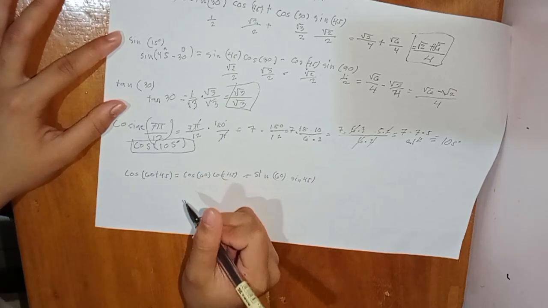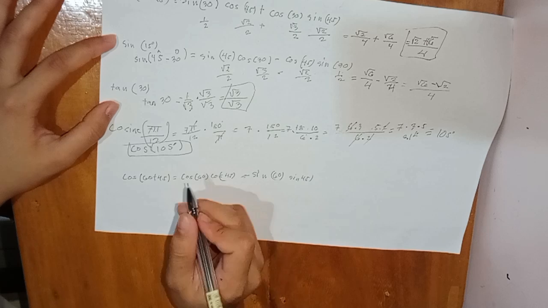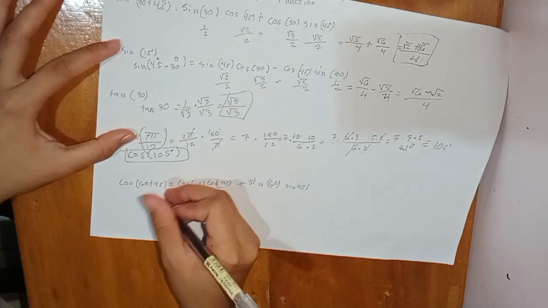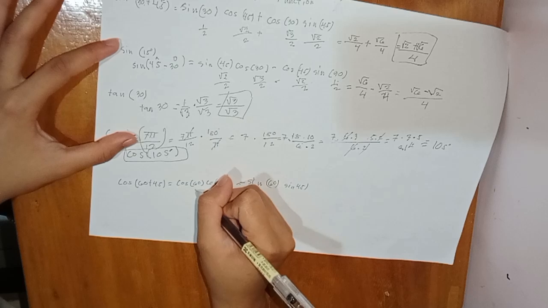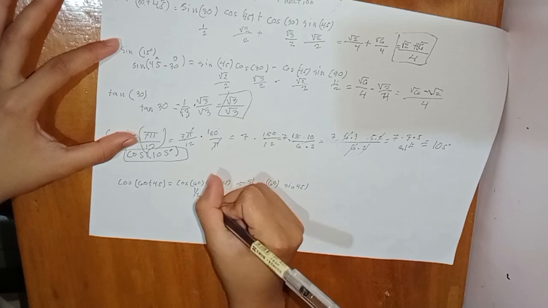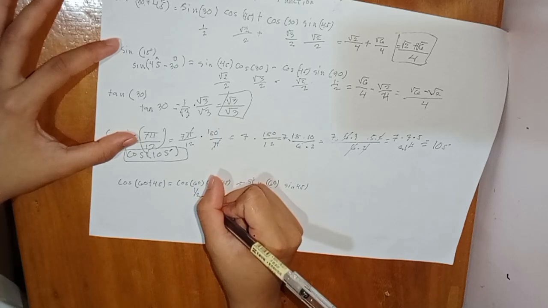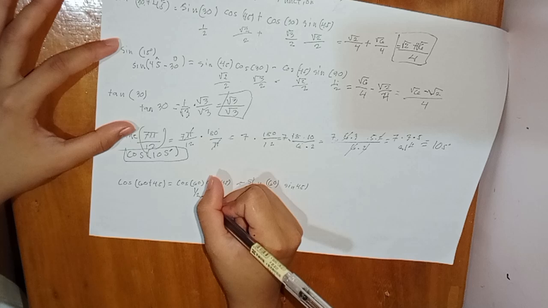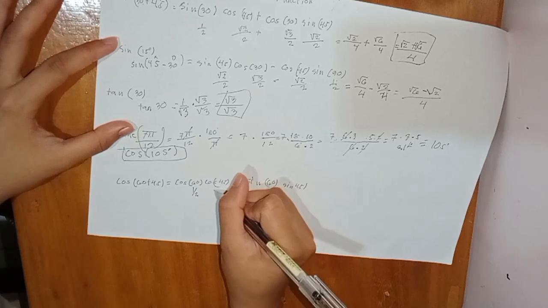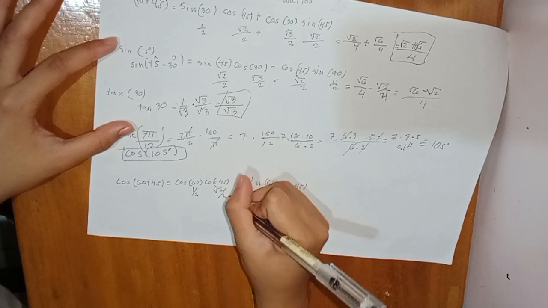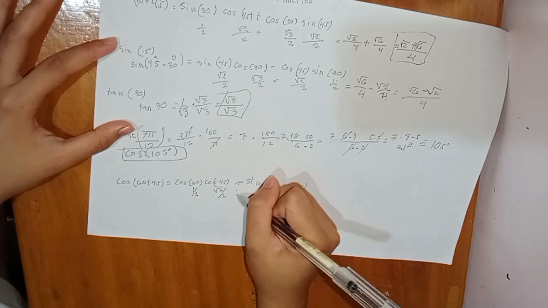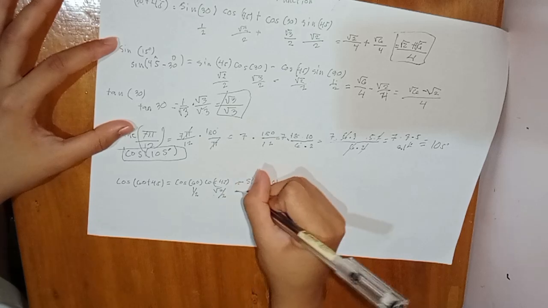Using the triangle that we mentioned before, cosine 60 degrees is 1/2, and cosine 45 degrees is square root of 2 over 2, and we copy the minus sign.